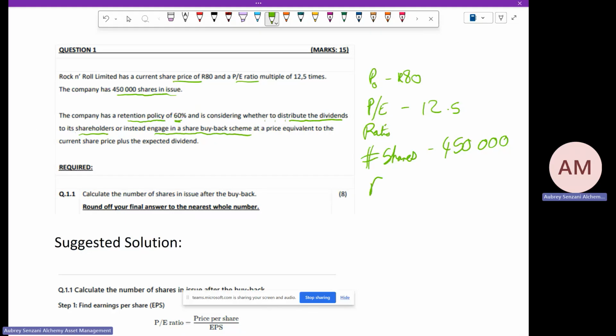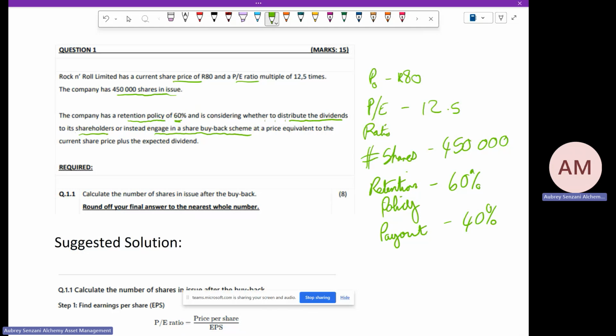Retention policy is 60%. So what does that mean? The payout ratio is then 40%.